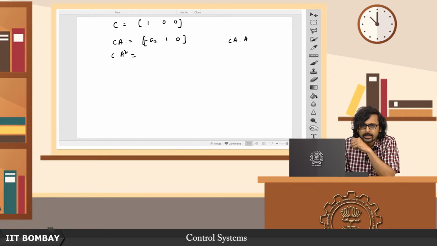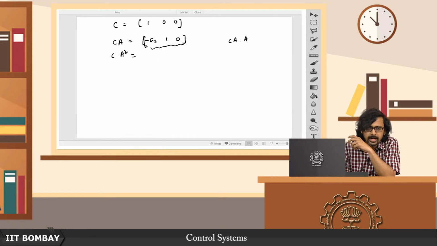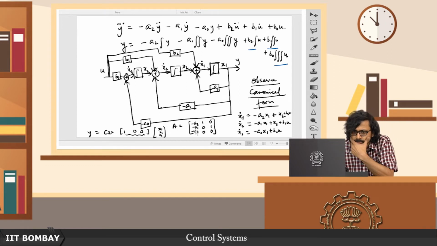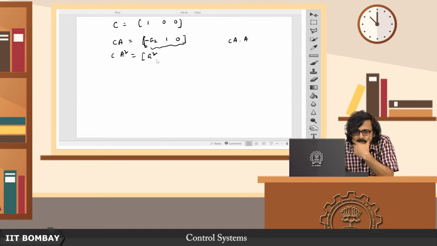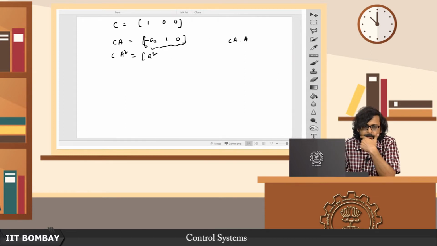right. So if I now take this minus a2 1 0 and post-multiply with A, then that is going to be, minus a2 times minus a2, that is a2 squared, and minus a1.